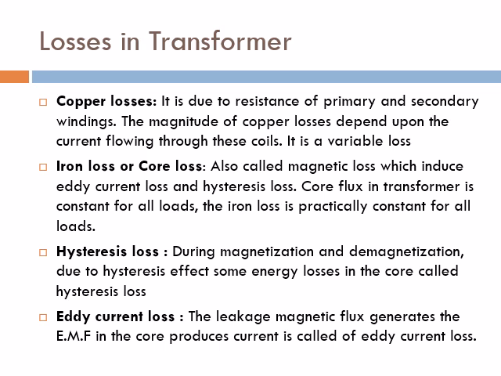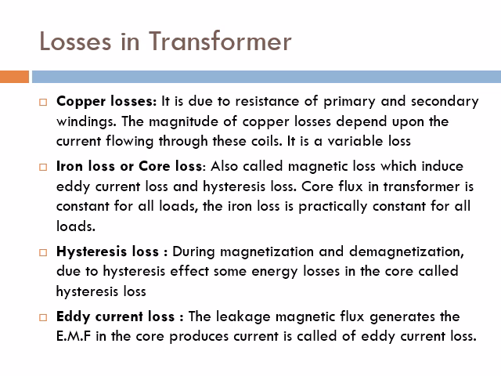Next is the iron loss or core loss. It is the magnetic loss, which includes the eddy current loss and the hysteresis loss. The core flux in the transformer is always constant for all loads, so the iron loss is practically constant for all loads.